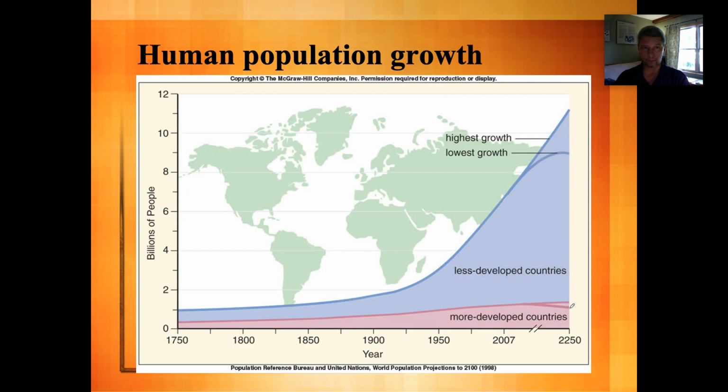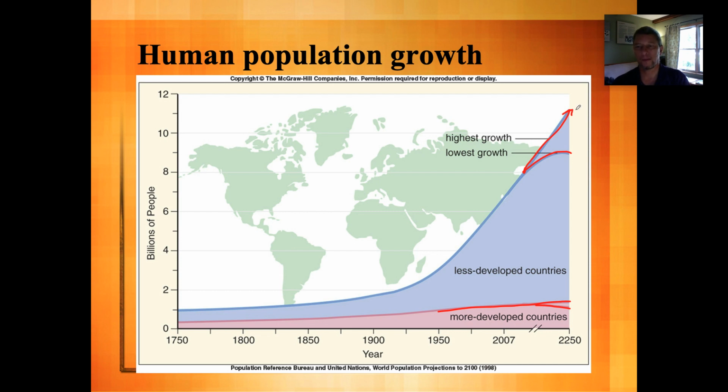On the other hand, if you look at the less developed countries, and this includes a lot of countries in Africa, South America, Southern Asia, right about here is where we are now. All right, the potential is to grow this way, or maybe to level off that growth here.